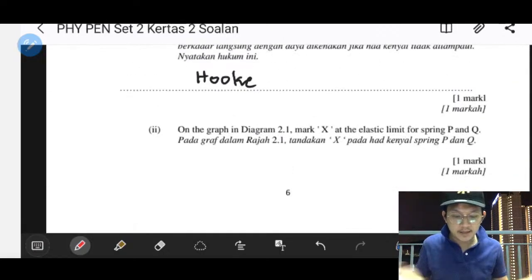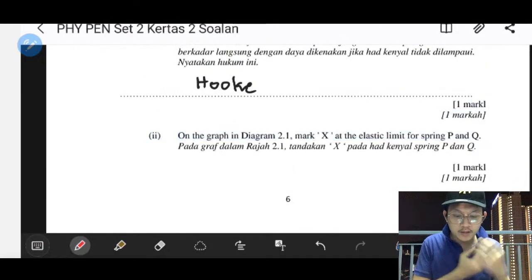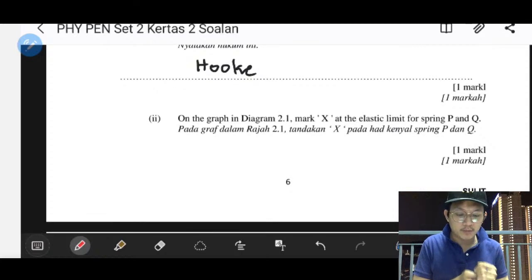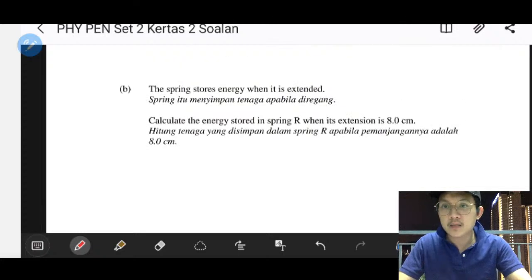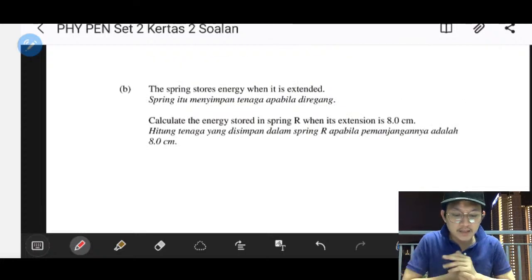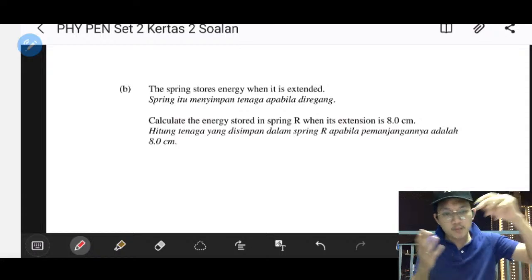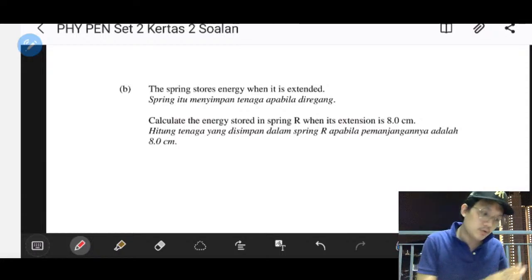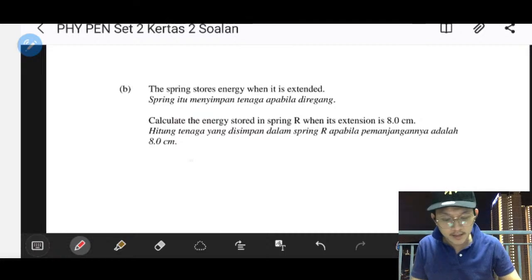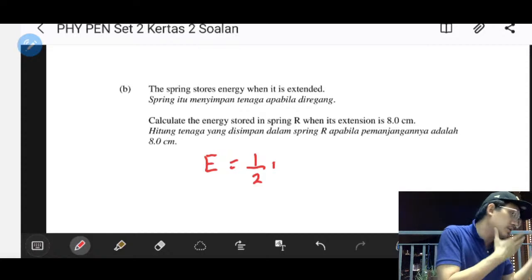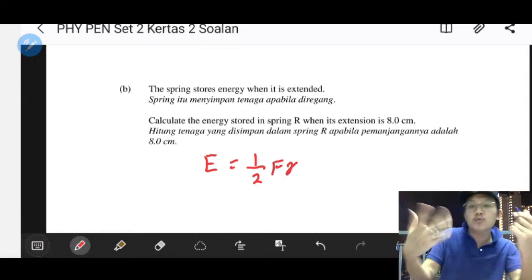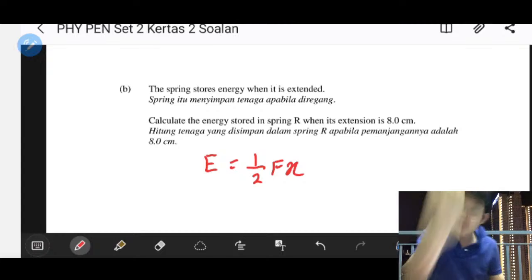Spring menyimpan tenaga apabila diregang. Hitung tenaga yang tersimpan dalam spring R apabila pemanjangannya ialah 8 cm. Okay, pemanjangan 8 cm, from the sheet that is being given to you in front, dia menyatakan tenaga adalah sama dengan half Fx. Okay? Dan jangan lupa, walaupun tidak digunakan, I will do a little bit of revision with you.